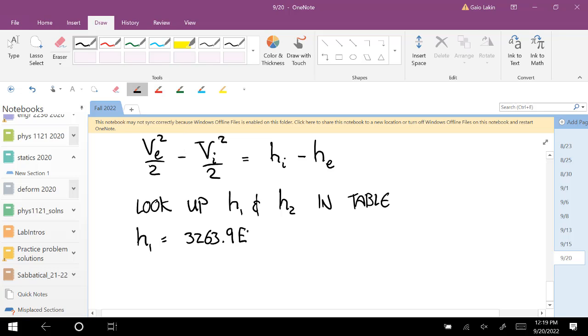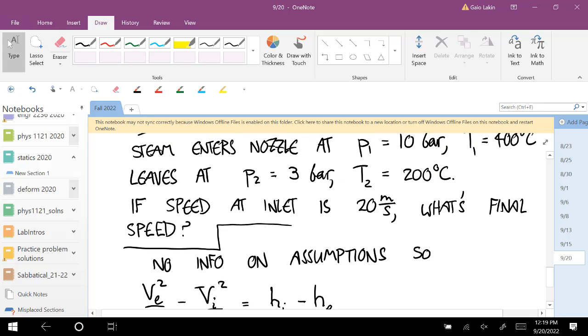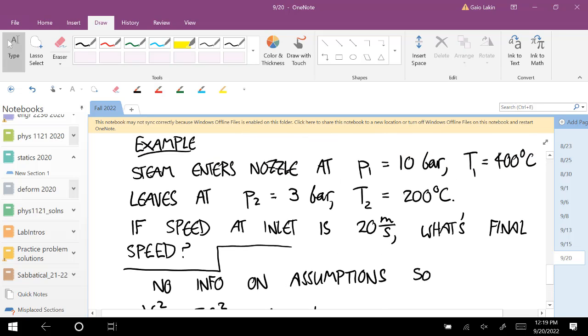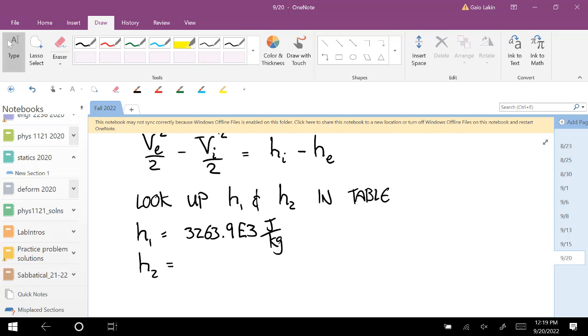Let's go times 10 to the third, so we're at joules per kilogram. And then the specific enthalpy at the exit, look that up for the pressure 3 bar, temperature of 200 degrees Celsius, and that's 2865.5 times 10 to the third joules per kilogram.